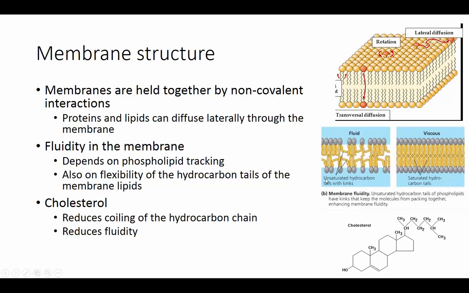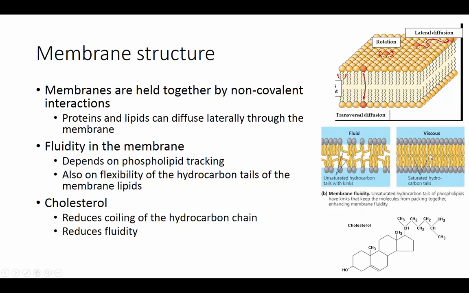So if you've got unsaturated hydrocarbons in your phospholipid, they're going to have these kinked tails here, which will create some space and allow for more lateral diffusion, more movement in that membrane.